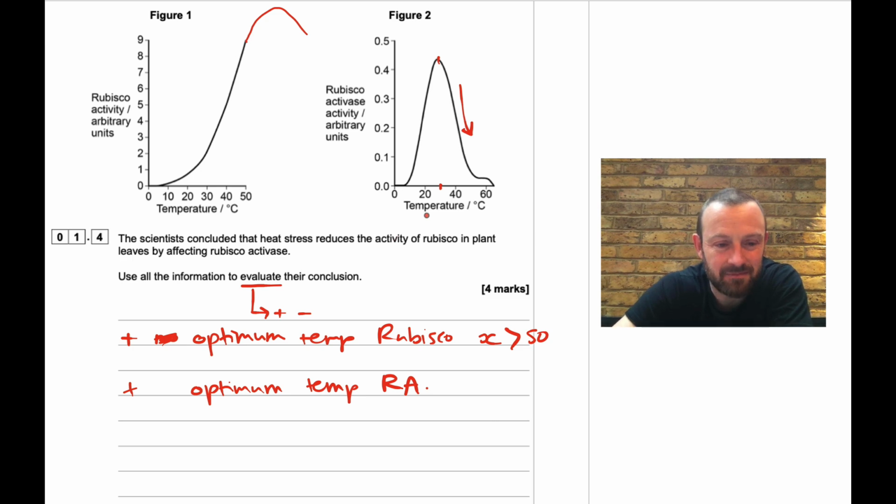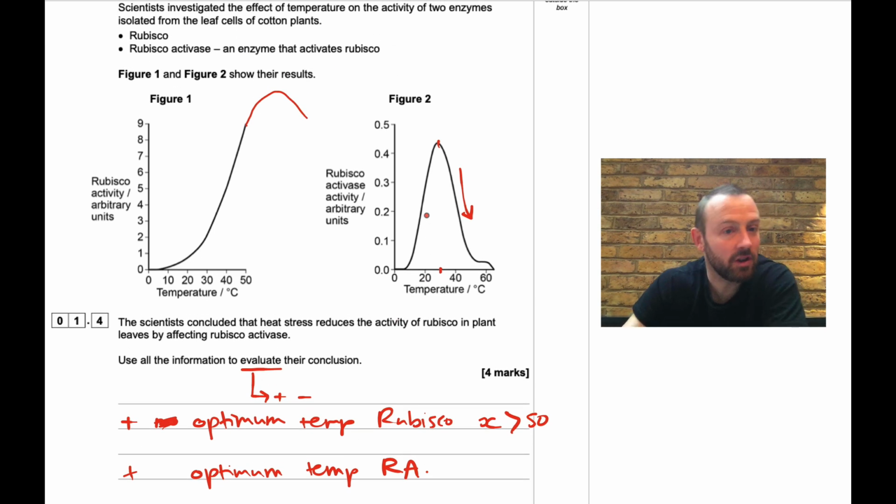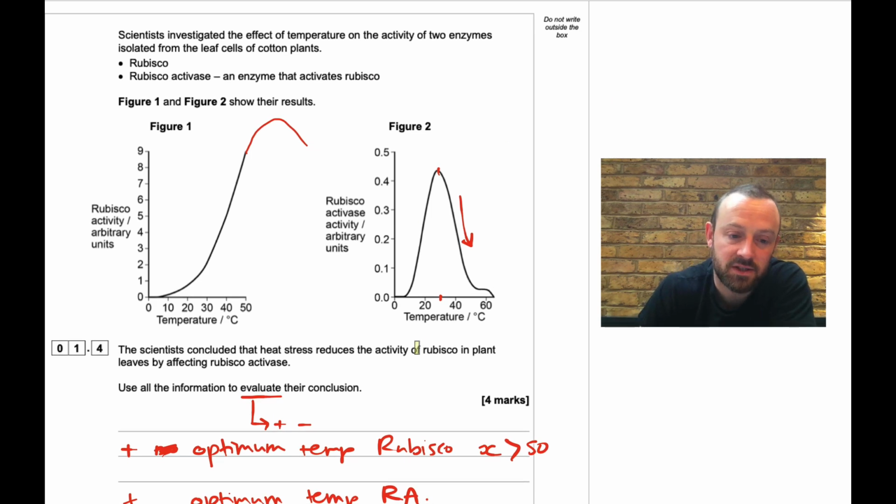The negative things, you've got to look, but you can start to spot patterns. They always do this. The conclusion that you get written down here, which you have to evaluate, and often in exam questions, is too broad. That's a general point in these types of questions, because it says heat stress reduces the activity of Rubisco in plant leaves.